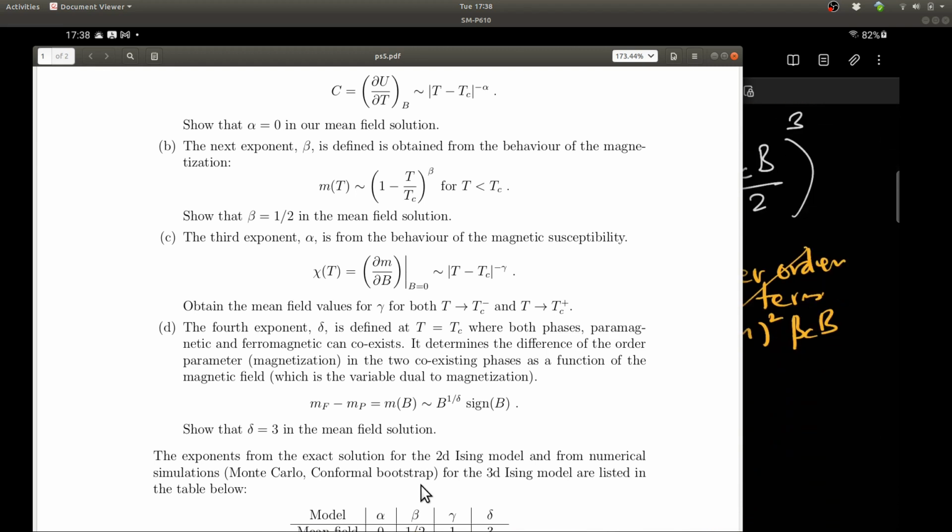So now what we can see is that we get 2m whole cubed goes as b. We are only interested in this behavior for small b. Or 2m goes as b power 1/3. So what does that imply delta is?